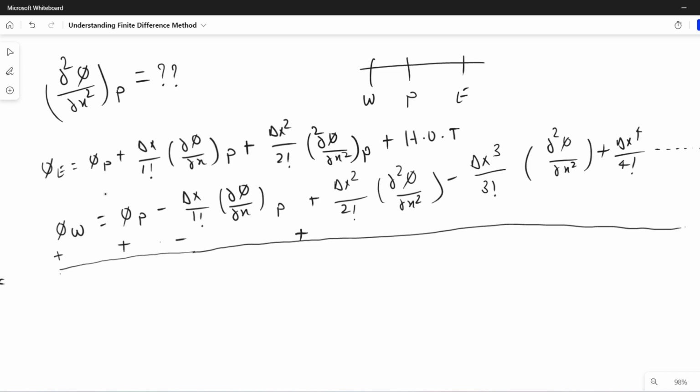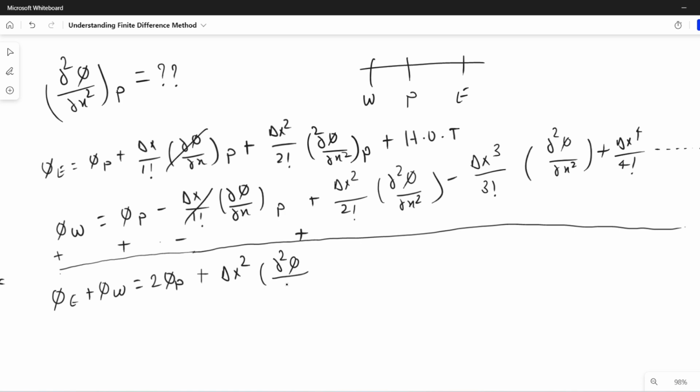If we add equation 2 to equation 1, what we will get is φE plus φW, we will get φP plus φP, that is 2φP, and these two terms will cancel out each other. Then we have Δx² multiplied by ∂²φ. These are half terms, so this will make a full term if we add these two together.